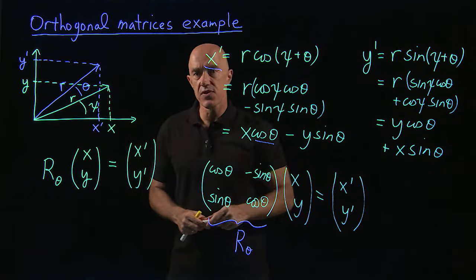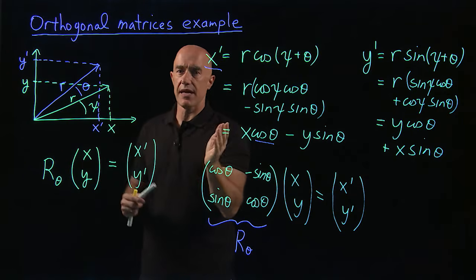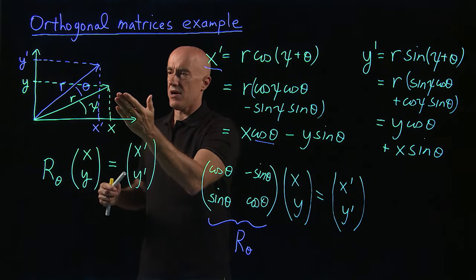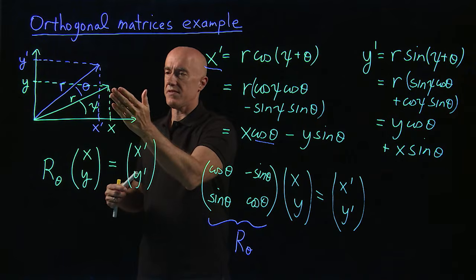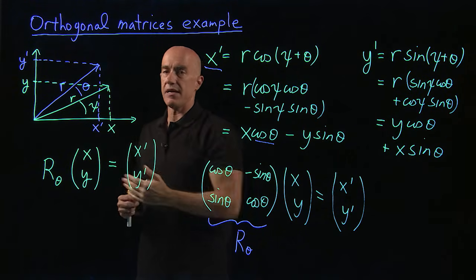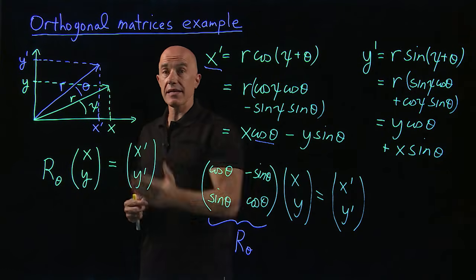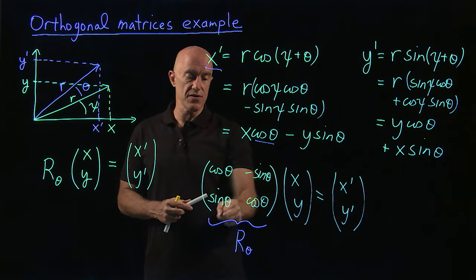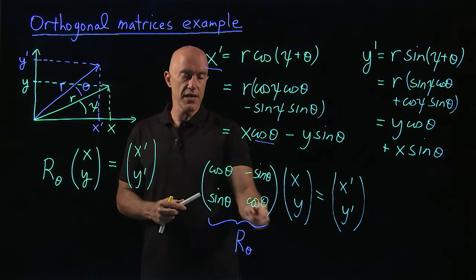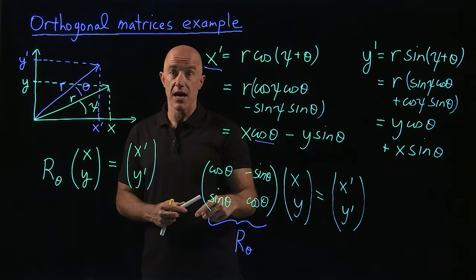What about the inverse matrix? The matrix that inverts rotating this vector counterclockwise by theta is the matrix which rotates by minus theta, right? So if you change theta to minus theta, cosine doesn't change, but sine of minus theta is minus sine theta.